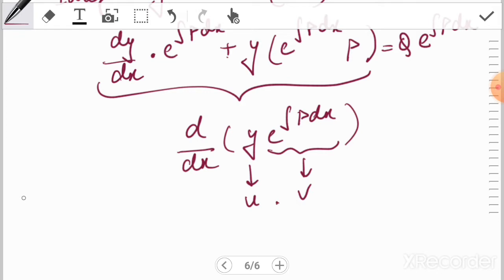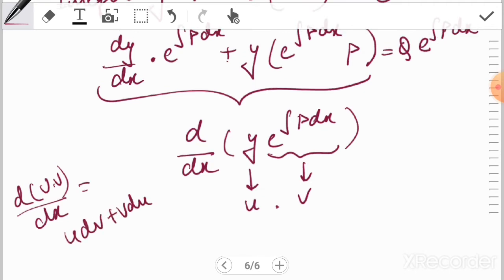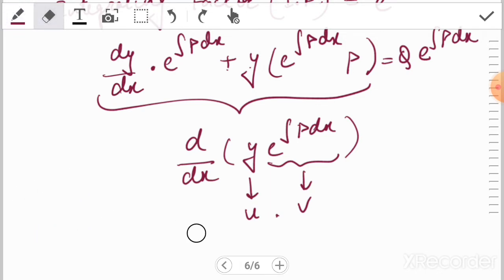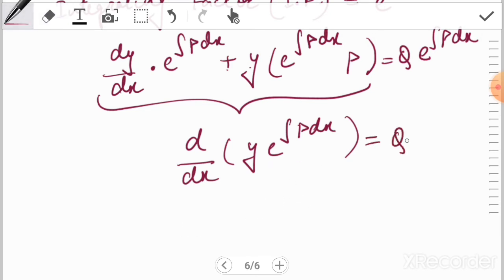So derivative of u into v is u dv plus v du. So this is equal to q times e integral p dx.